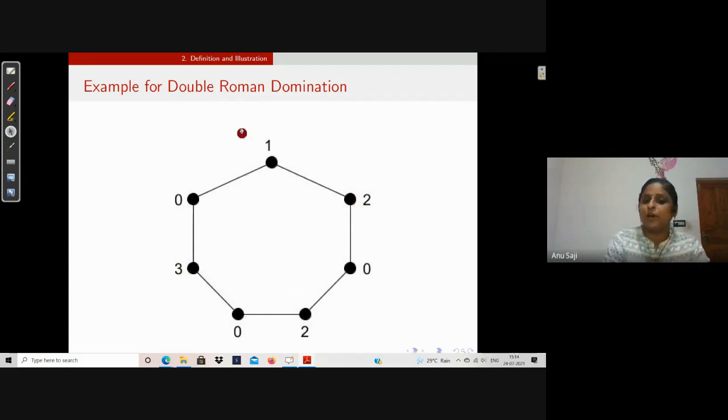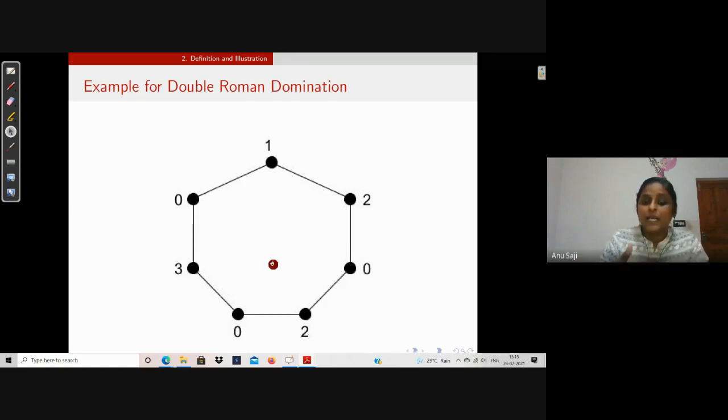A vertex with the value 1 must be adjacent to a vertex with a value greater than or equal to 2. So, both conditions are satisfied here. Total weight is equal to 8. We have a theorem for cycles. This is the minimum possible value.